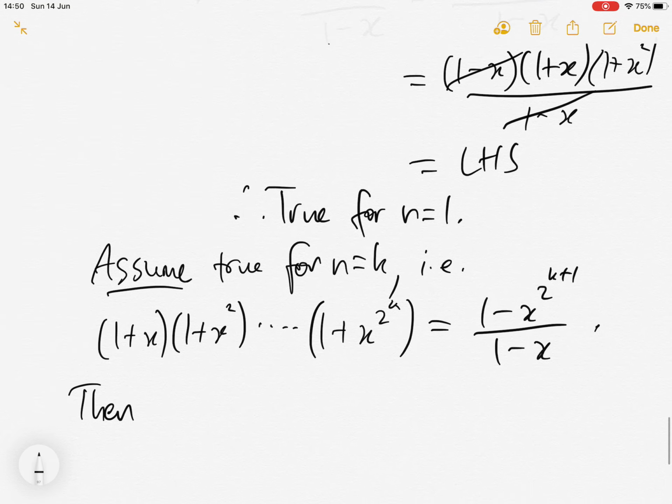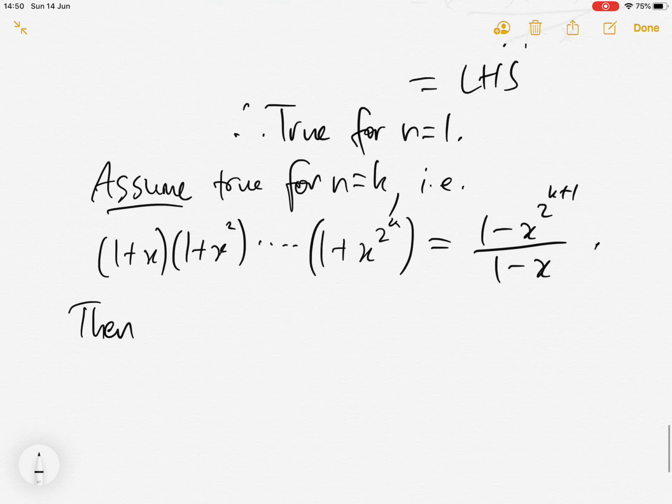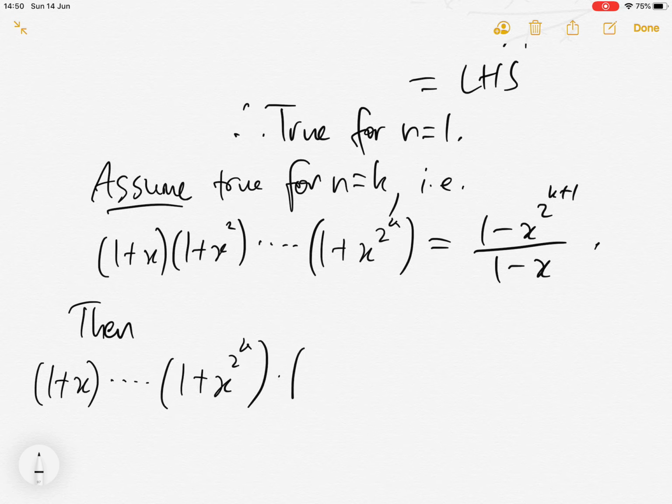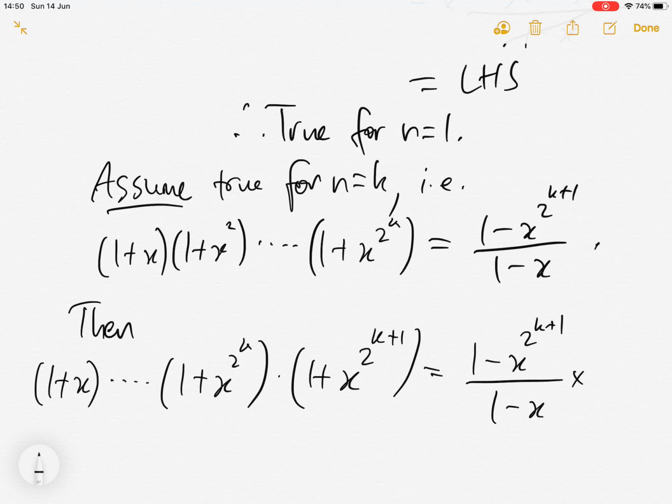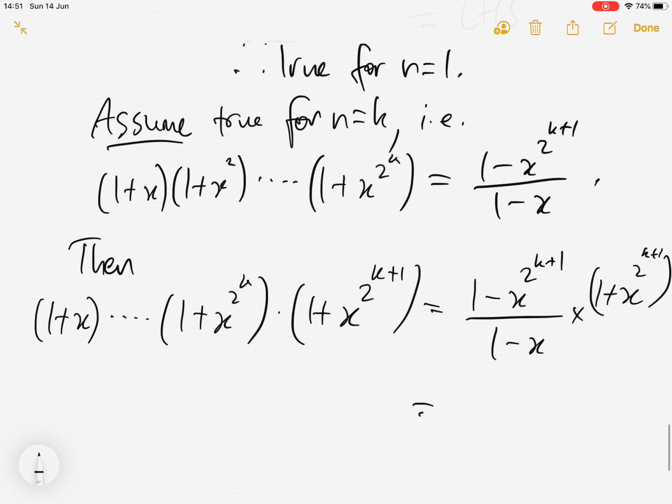And then we're going to look at the same thing, but with one extra term. So we'll look at the same product, and then we'll multiply by 1 plus x to the 2 to the k plus 1. And then we'll get the other side multiplied by 1 plus x to the 2 to the k plus 1. And then let's look at these terms on the top, and let's just expand the brackets.